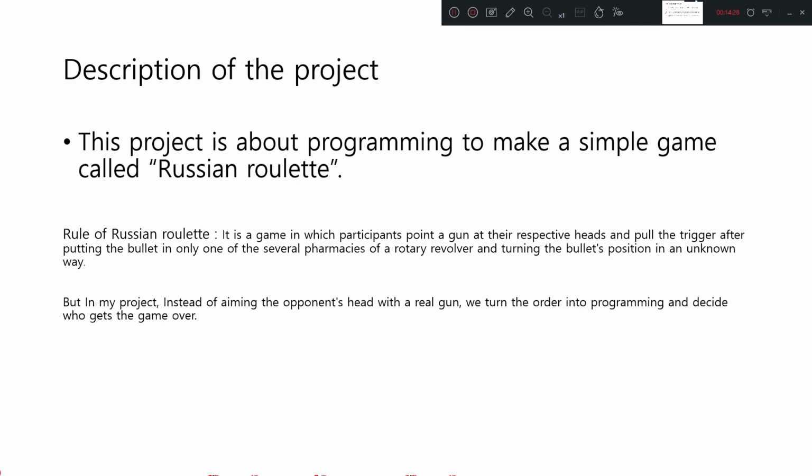What is a Russian Roulette? Rule of Russian Roulette is it is a game in which participants point a gun at their respective heads and pull the trigger after putting the bullet in only one of the several chambers of a rotary revolver, and turning the bullet position in an unknown way.